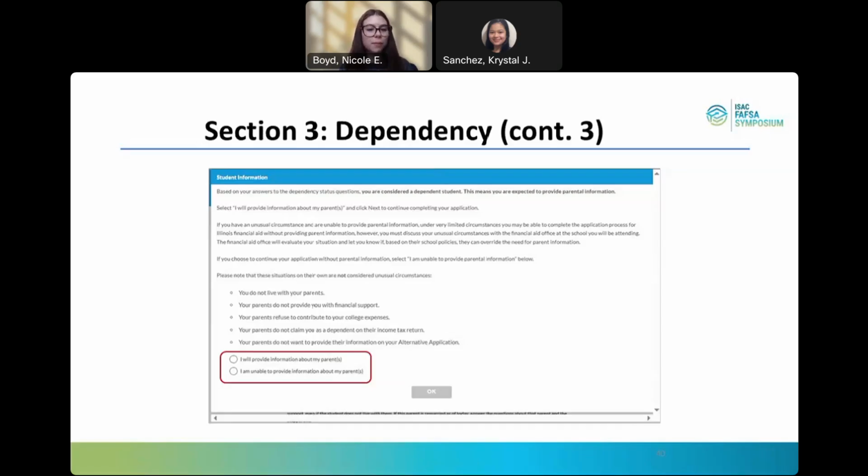So if they don't live with their parents, their parents don't provide them with financial support, their parents simply refuse to contribute to their college expenses, their parents do not claim you as a dependent on their income tax return, or their parents do not want to provide their information on the alternative application, those do not qualify as unusual circumstances. So if that's the case, the student would have to select, I am unable to provide information about my parents.